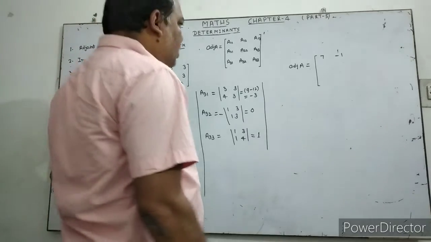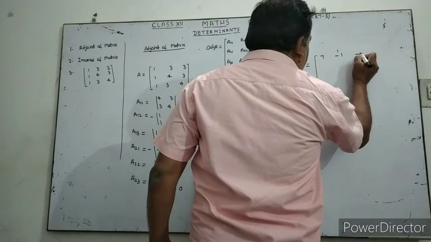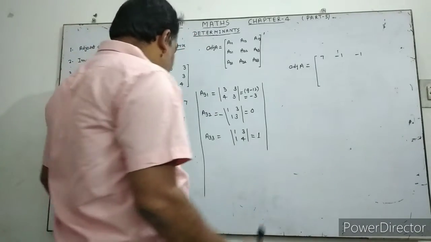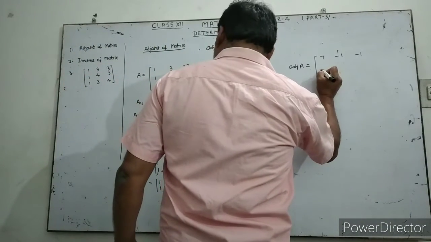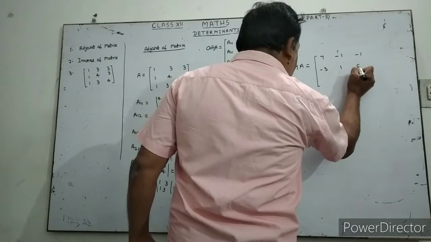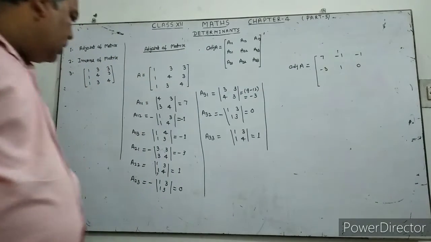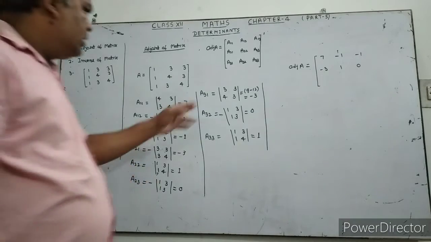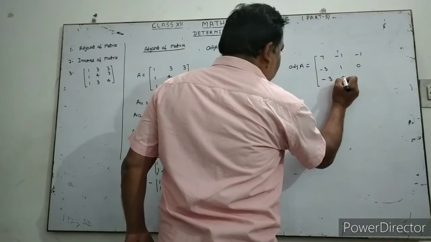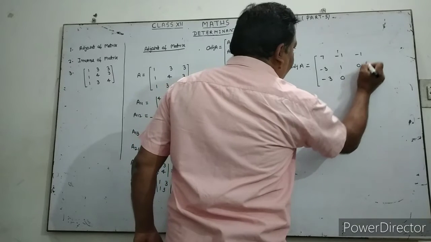This is also minus 1, this is also minus 1, and this is minus 3. A21 is minus 3, then 1, 0. Minus 3, 1, 0. And this is minus 3. Minus 3, 0 and 1.